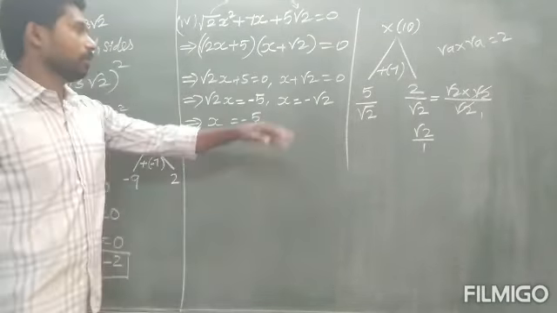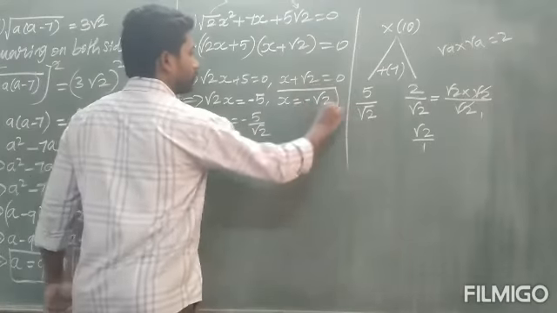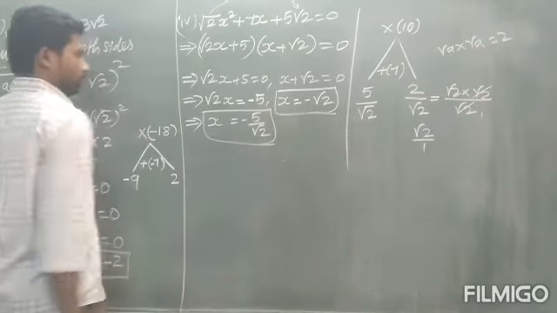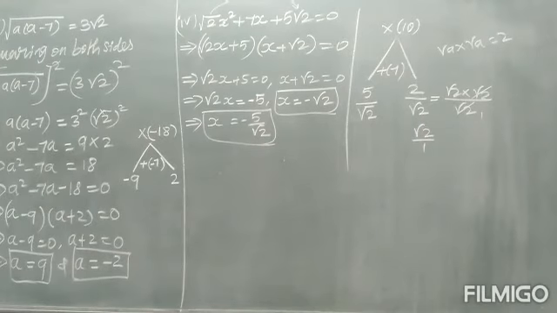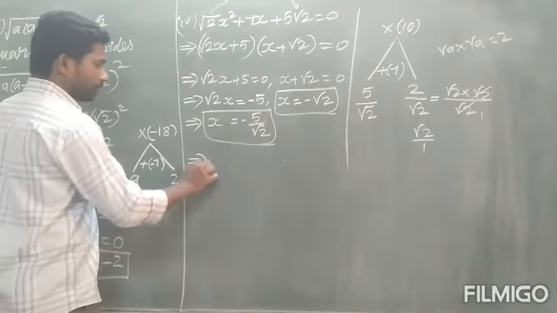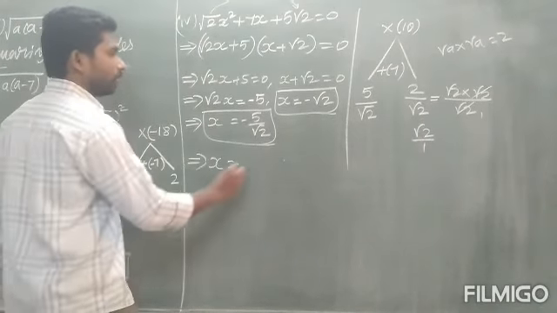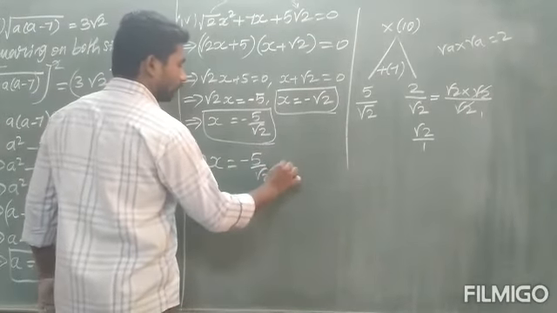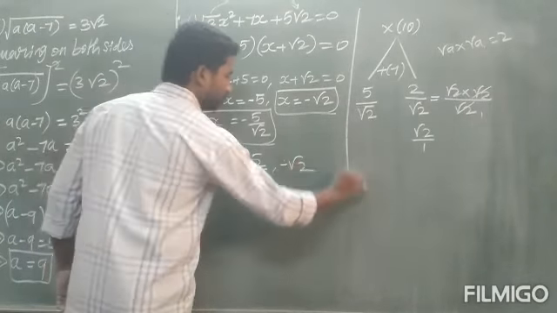So already x is equal to minus root 2. Here one more answer is minus 5 by root 2, comma, minus root 2.